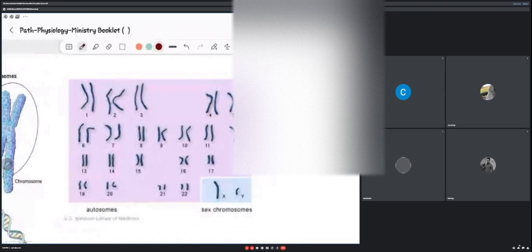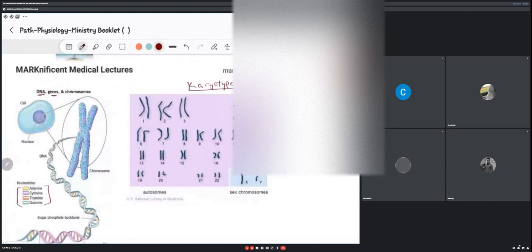Then here we'll have what we call the karyotype. This karyotype is a genetic form of investigation where we check disease pathologies.